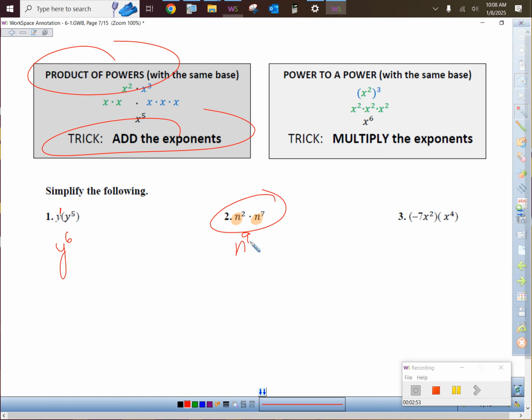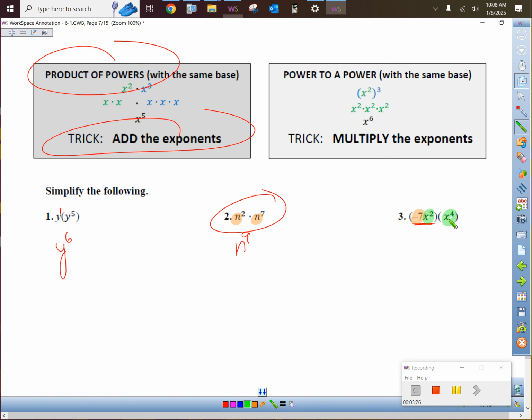So cool. And then here, now we're going to start mixing it up. And here's basically the rule. We're going to take numbers times numbers, x's times x's, y's times y's, z's times z's, n's times n's. Whatever letter they're dealing with, we're just going to go in phases. Do you see this term right here does have this coefficient of -7 in front of it. It's a number, right? But aren't these right here x's?